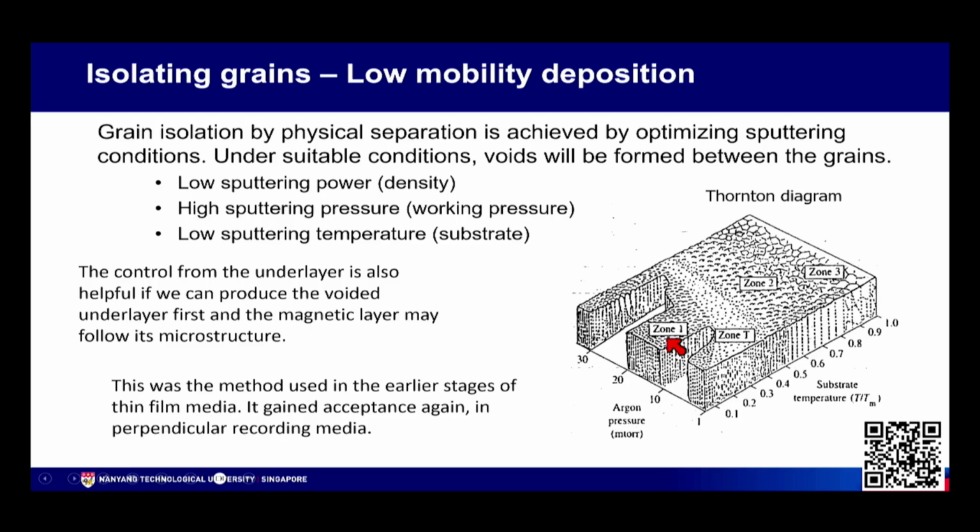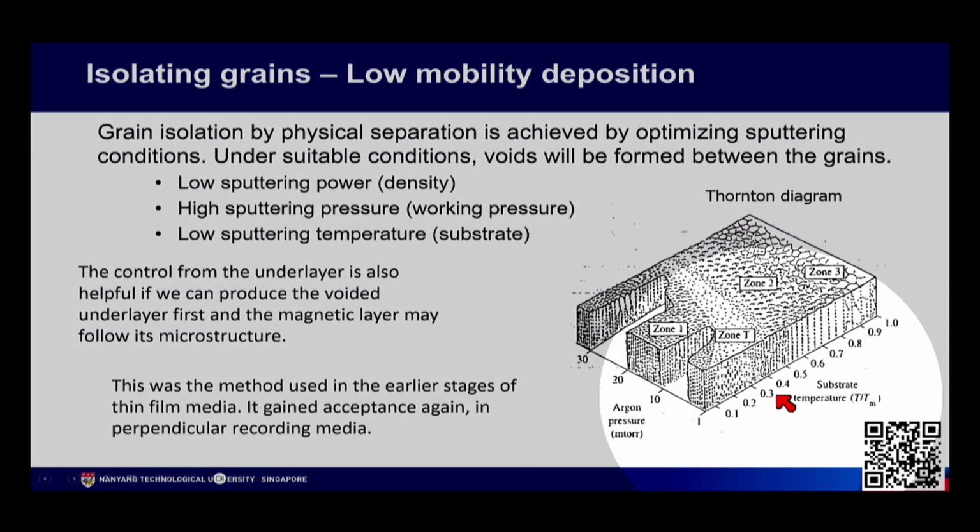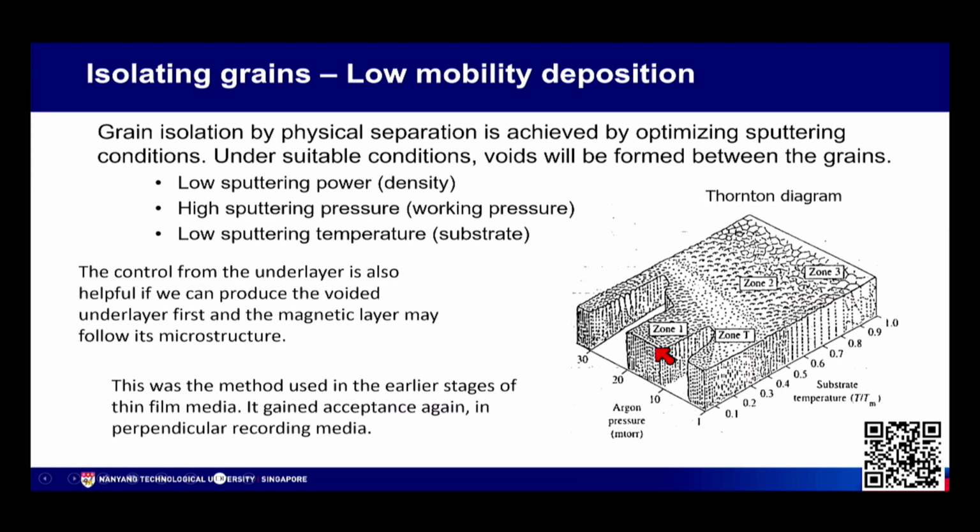He deposited various films at temperatures ranging from close to the melting point to low temperature, and at various pressures, and he found out that if your temperature is low, somewhere here, and your pressure is high, then your films will grow like columns separated from each other.